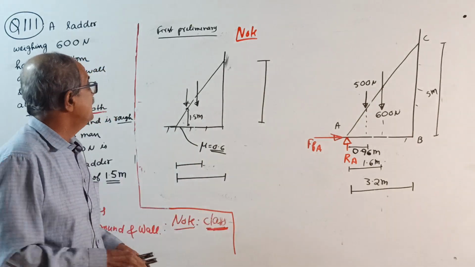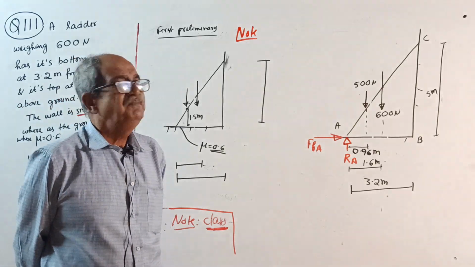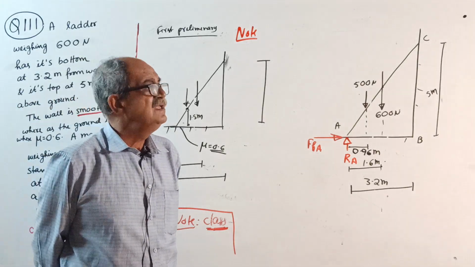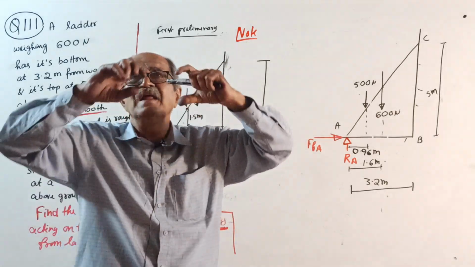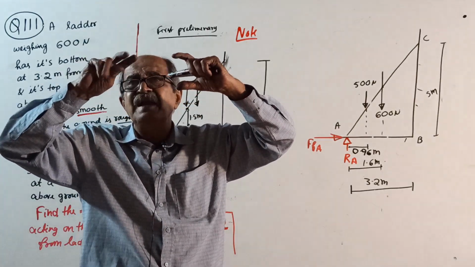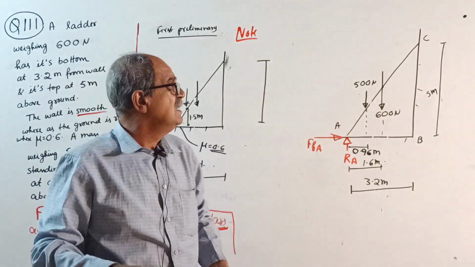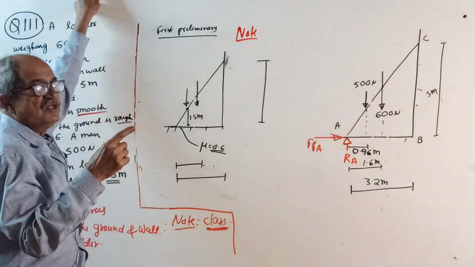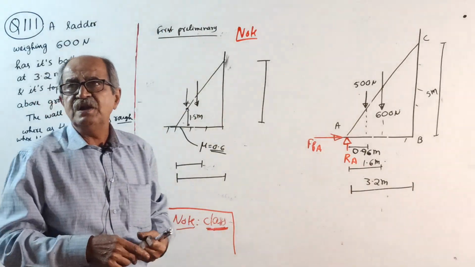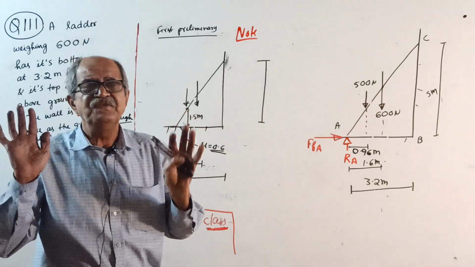Nowhere told. They told the person is happily standing there. If a stable ladder is there, sometimes you want to take a photograph, climb the ladder, take a photo, knowing that the ladder is very firm. It is not on the verge of slipping. Nowhere in the question is it mentioned that the ladder is on the verge of slipping, and also nowhere is the limiting case told.